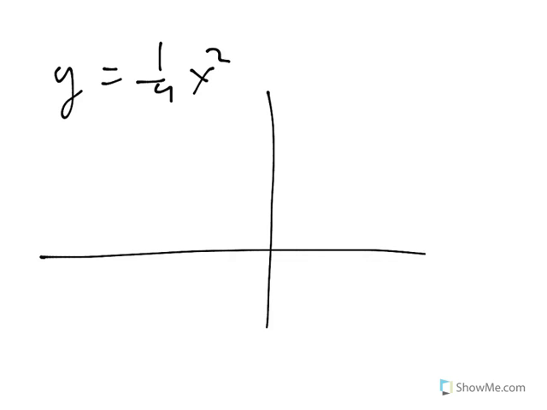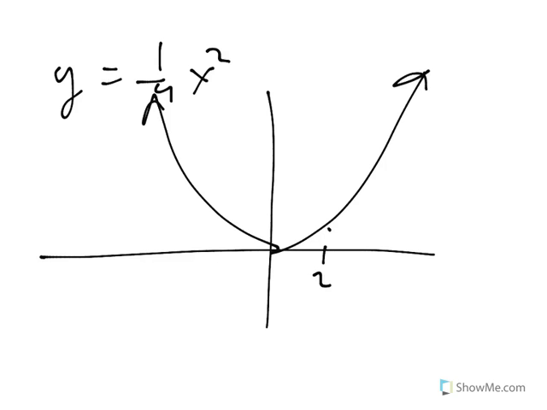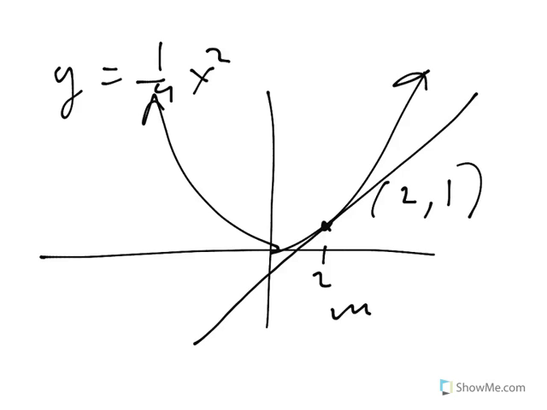Here's another example. y equals 1/4 x squared. It has on it the point, just to make one up, (2, 1). Here's the tangent line. The slope is 2 times 1/4, so it's 1/2 x to the 1, or in this case, since the x coordinate is 2, 1/2 times 2, which equals 1.